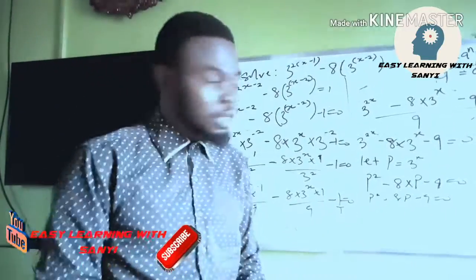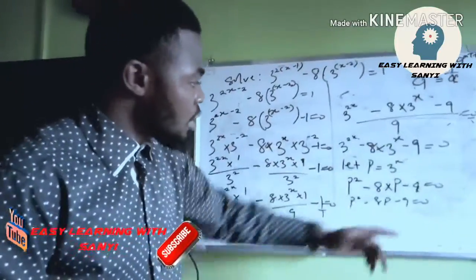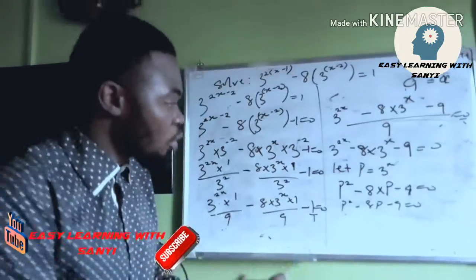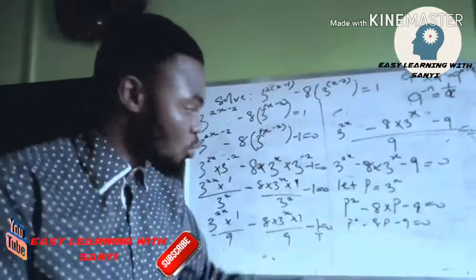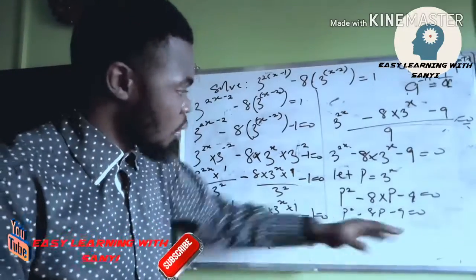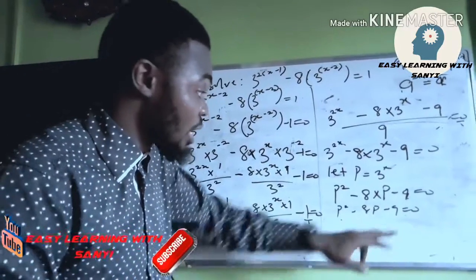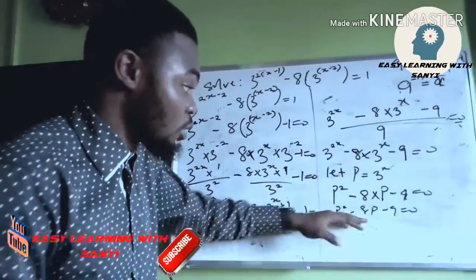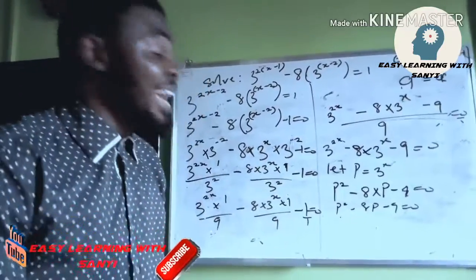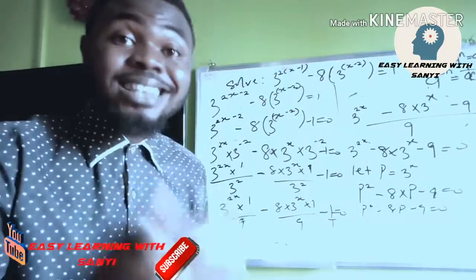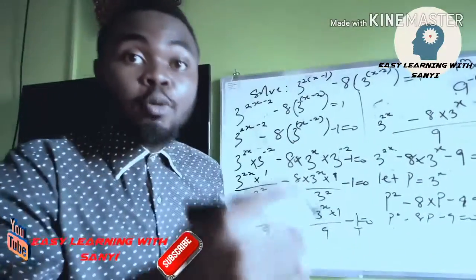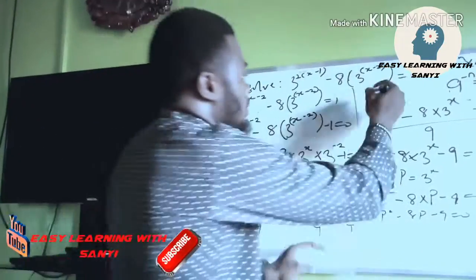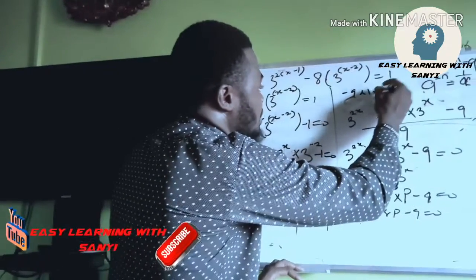Let's use factorization. In factorization, you ask yourself, what numbers am I going to multiply to get minus 9 and add to get minus 8? Minus 9 times 1 is minus 9.